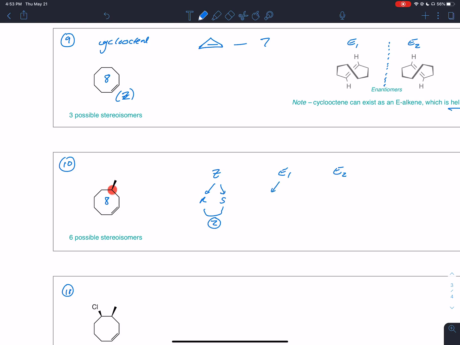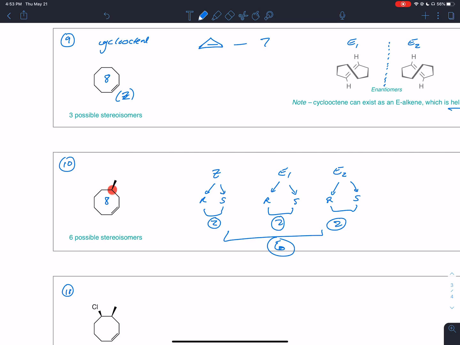We have E helix 1 capable of having the asymmetric center also be R and S. There's another 2 possibilities. And E helix 2 could have the asymmetric center be R or S, okay, which gives you then a total of 6 possible stereoisomers, okay.